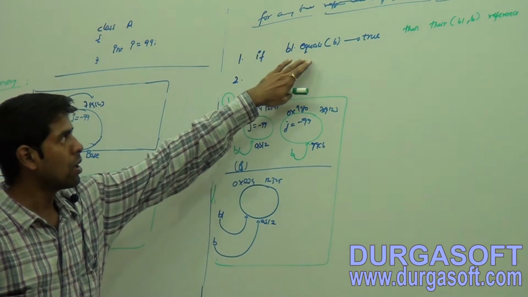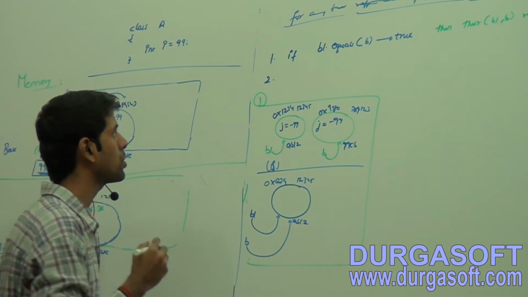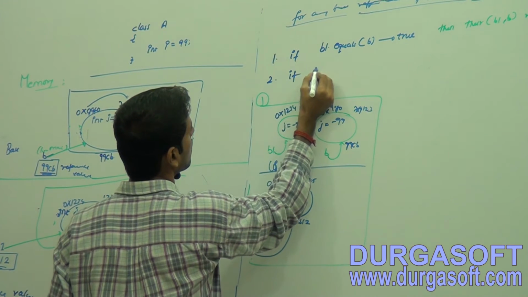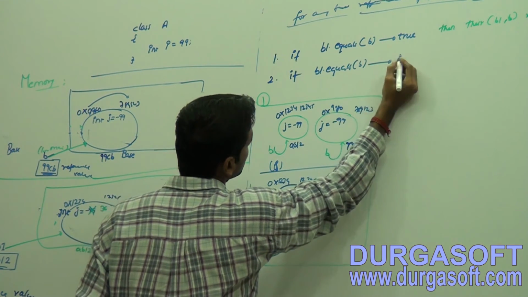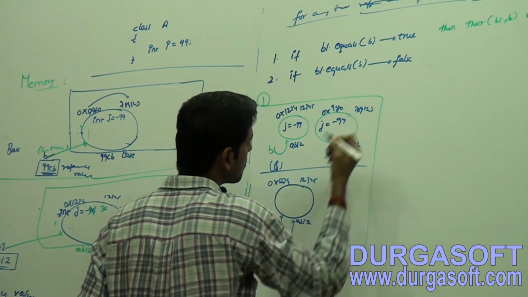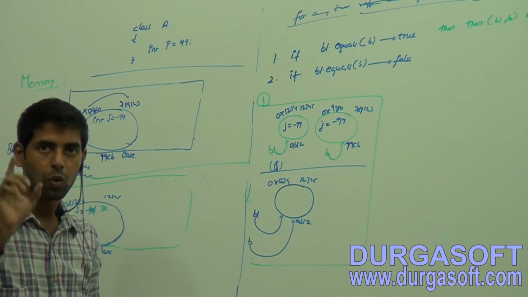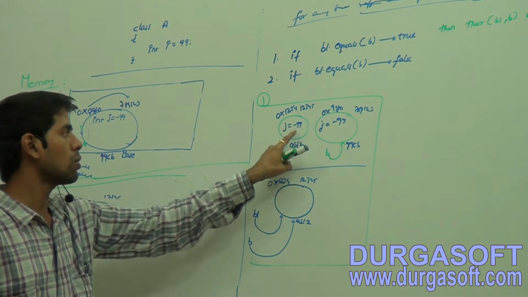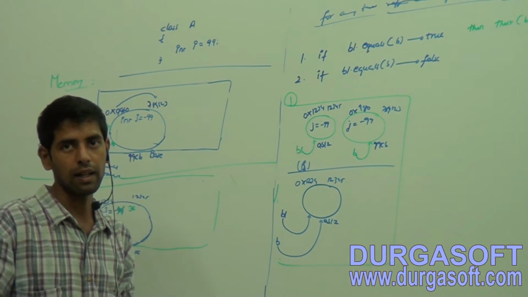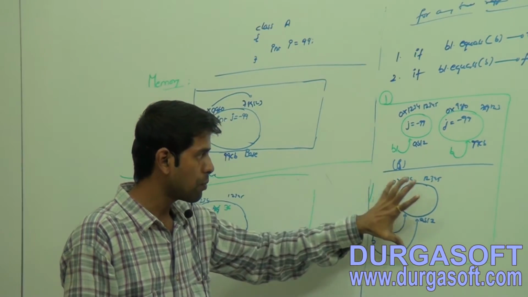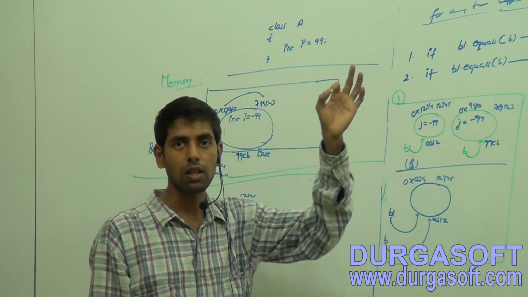If b1 dot equals of b returns false, what is the meaning? What will be the memory representation? There is only one chance: two existing objects with different content. This memory representation is not possible if the equals method returns false.